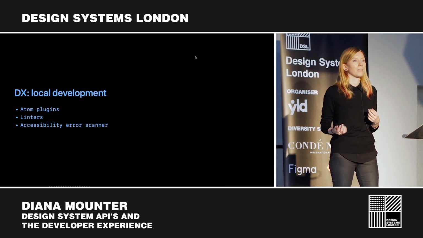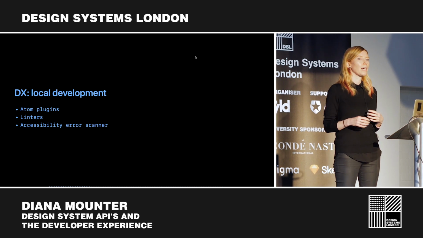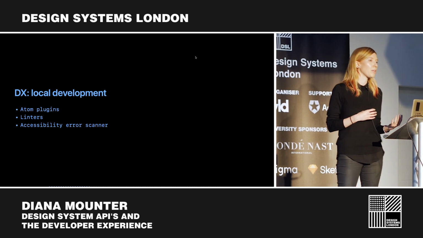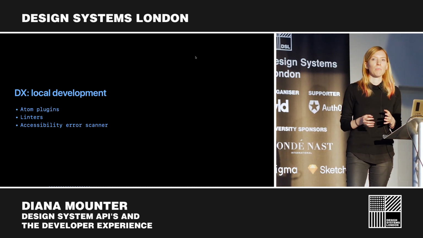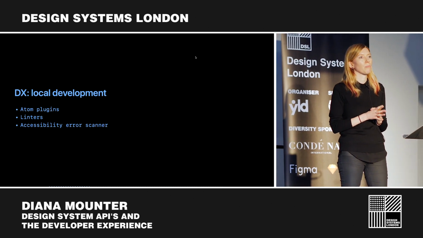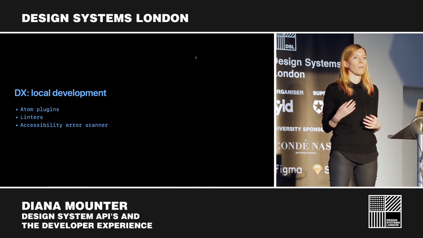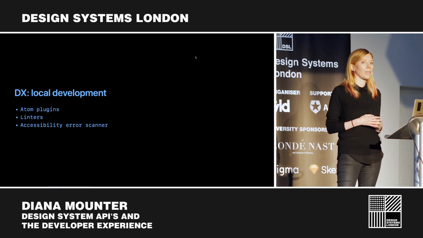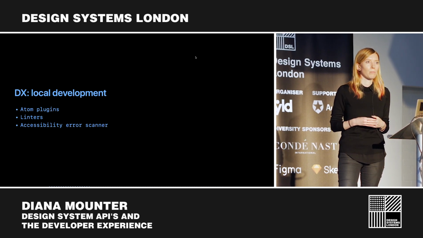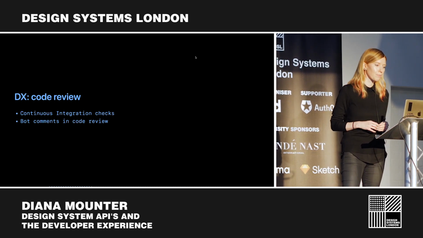So being able to run linters locally, also having Atom plugins so that you actually see where you might be straying off the path in local development. Also, our web systems team, who we work pretty closely with, built an accessibility error scanner that you could run in your local development environment.